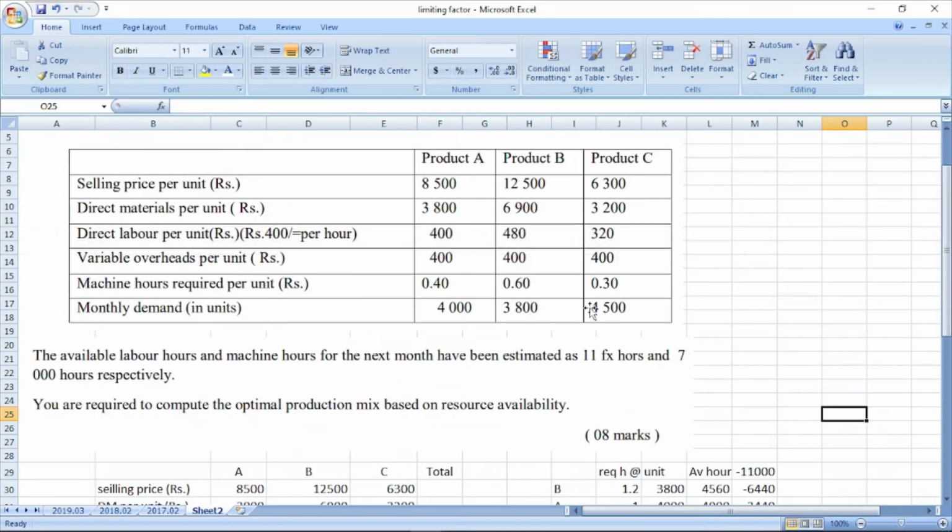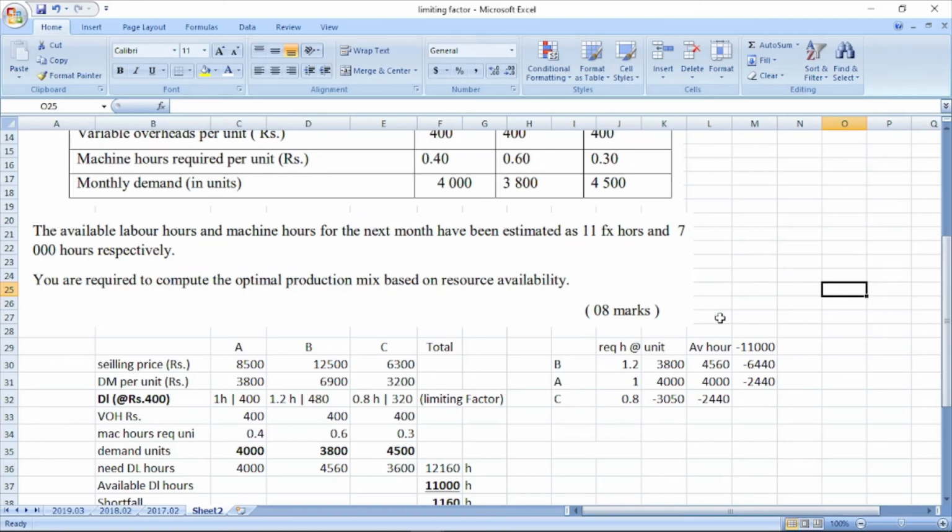We plan to produce 4,500 units of product C, but we can produce 3,050 units only. How do we get the 3,050? The direct labor hours 2,440 divided by the requirement hours for the product, 0.8, it is 3,050.